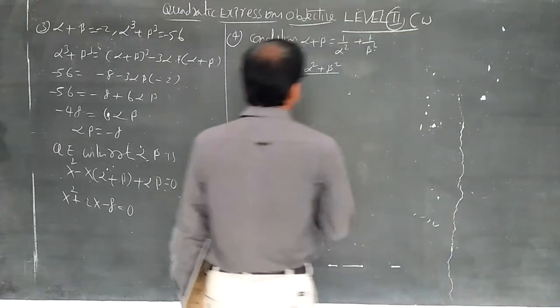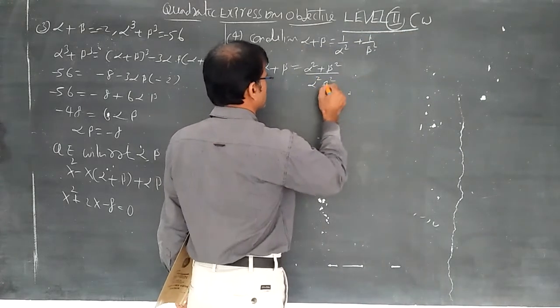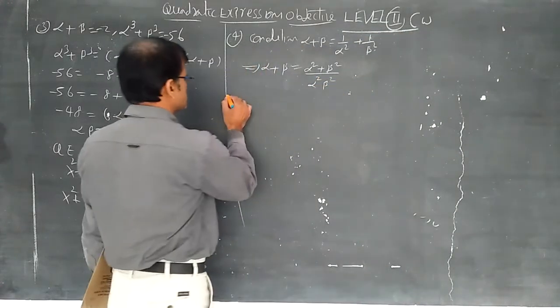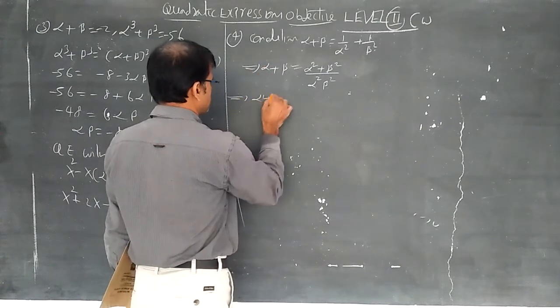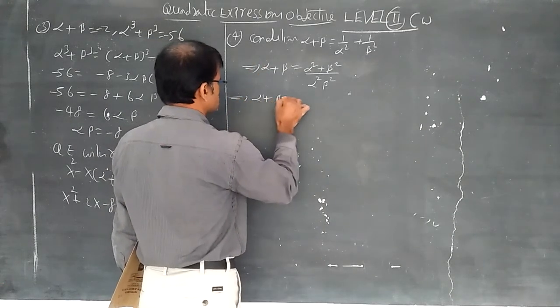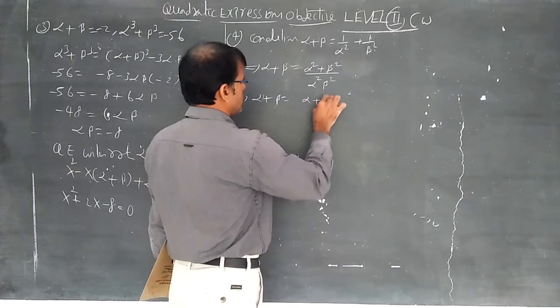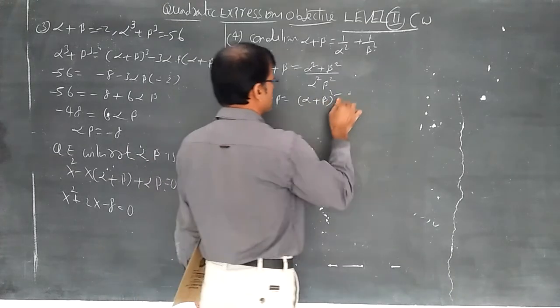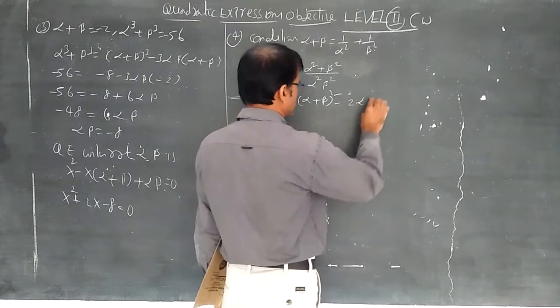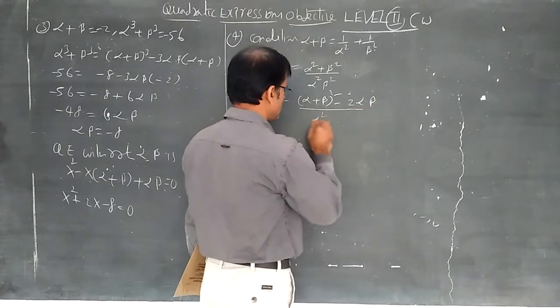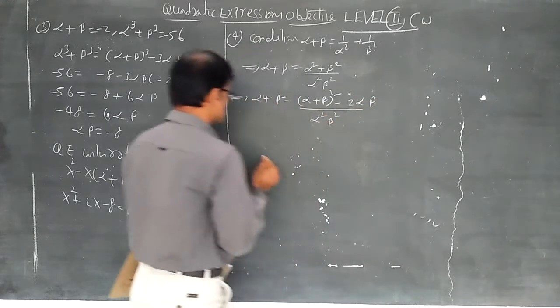Alpha plus beta is equal to (alpha square plus beta square) by alpha square beta square. Next step. Alpha plus beta is equal to alpha square plus beta square, you can write as (alpha plus beta) whole square minus 2 alpha beta, whole by alpha square beta square.